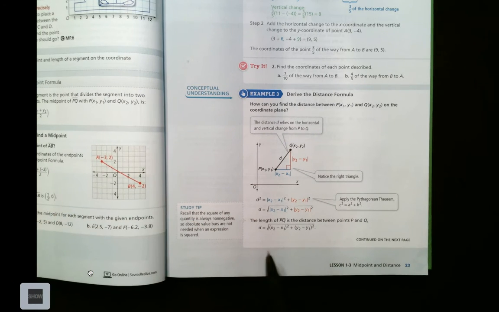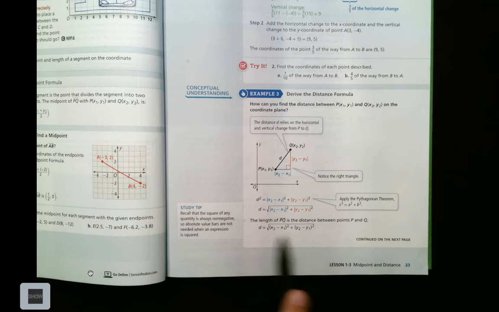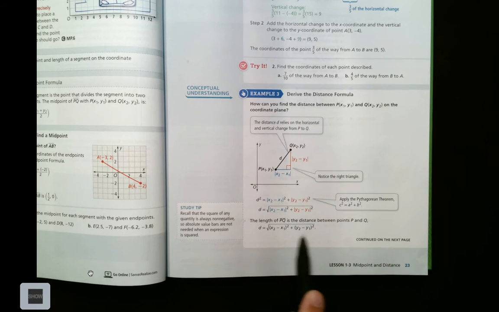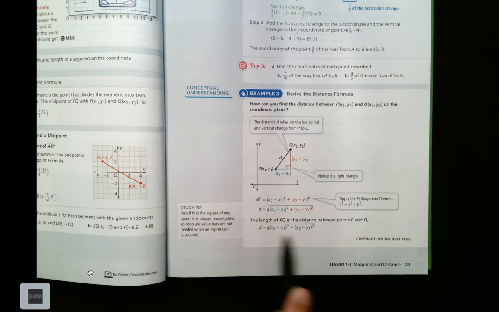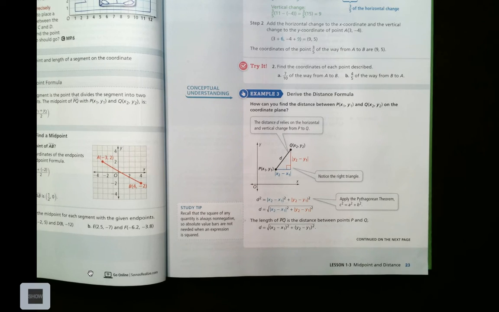You're basically taking the x and y values from two different points. You're subtracting the two x values, squaring it, subtracting the two y values, squaring it, and then you're going to add those together. After you add them together, you'll notice that there's a big square root above it. So you'll take the square root of that number, and we'll do an example of that here in a little bit.